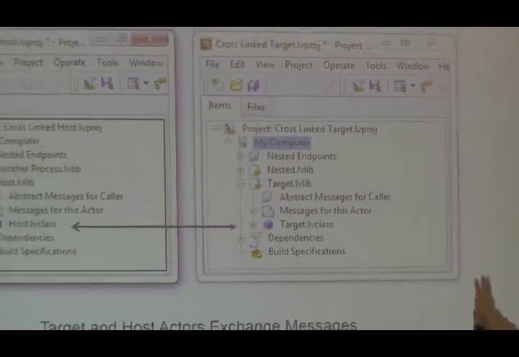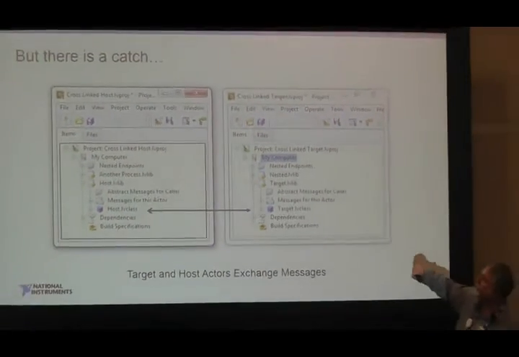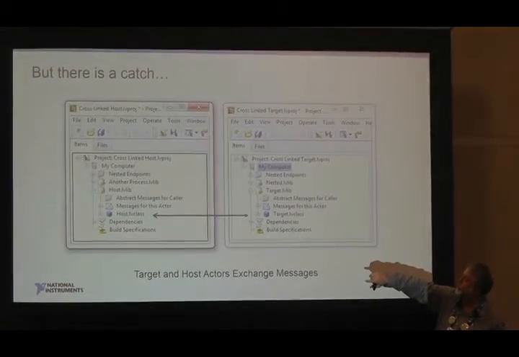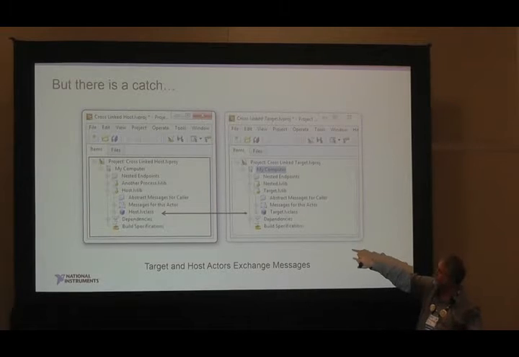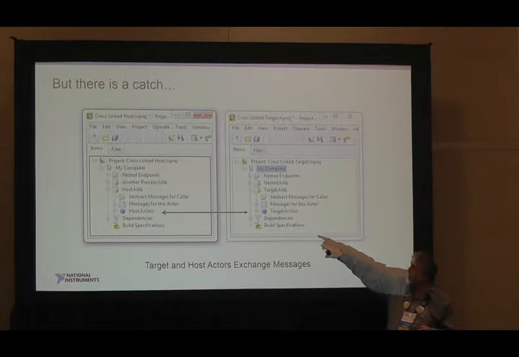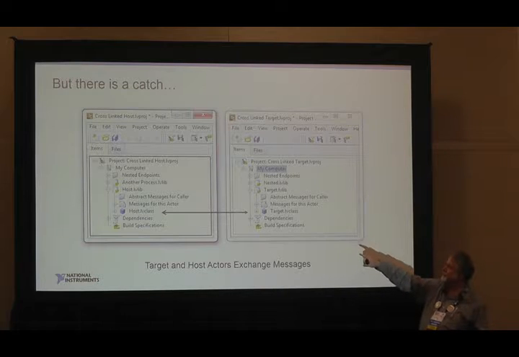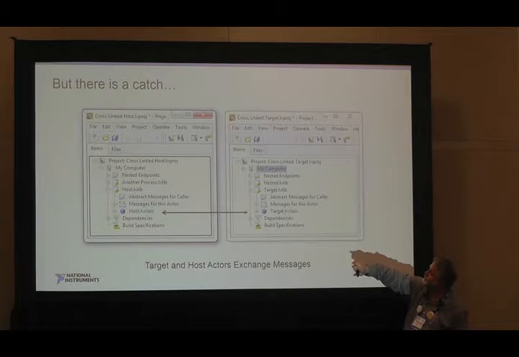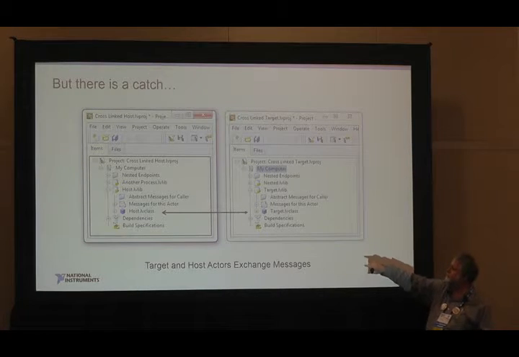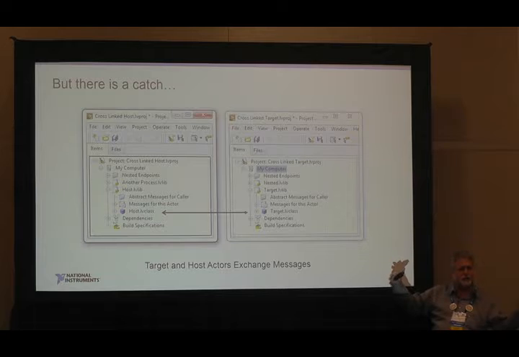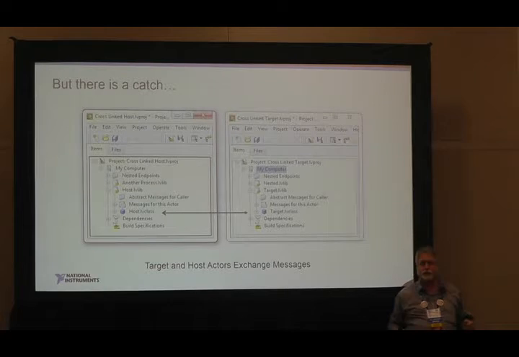On the project on my right and your left, there's a host class, and it invokes another process, which is another actor called another process. Original name there. They also use nested endpoints. And on this side, we've got a target, and the target has a nested endpoint. So I have two actor trees, all statically linked together. Everybody's connected, right? There's no connection between the projects, of course.